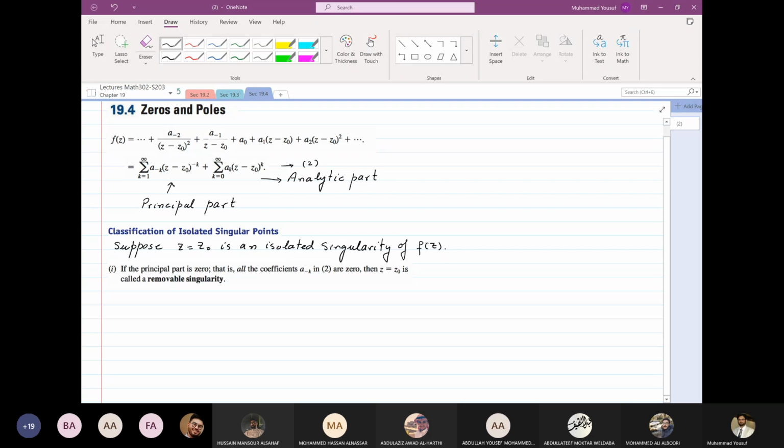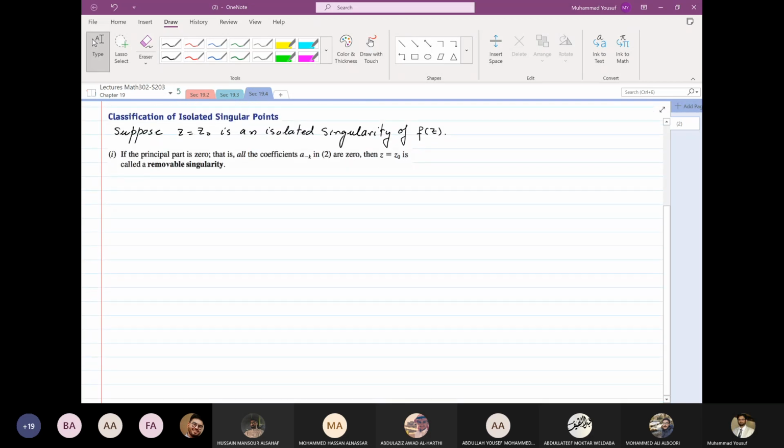It was a singularity, but now it is removed. And the second case is if there are finitely many terms in the principal part.